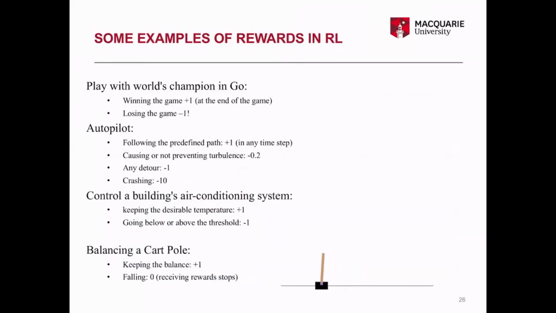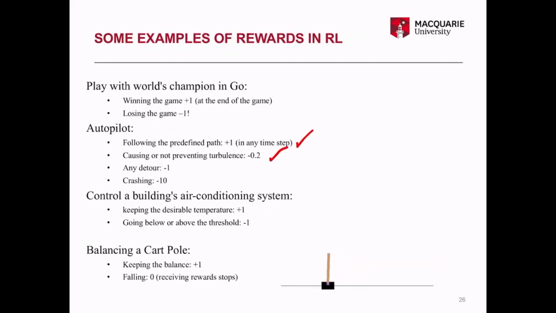So some examples of rewards in designing agents. In the game of Go, winning the game has the reward of +1 at the end of the game, and -1 when you lose it, right? Or in developing an autopilot system, when you're perfectly following the predefined path, you will receive a +1.